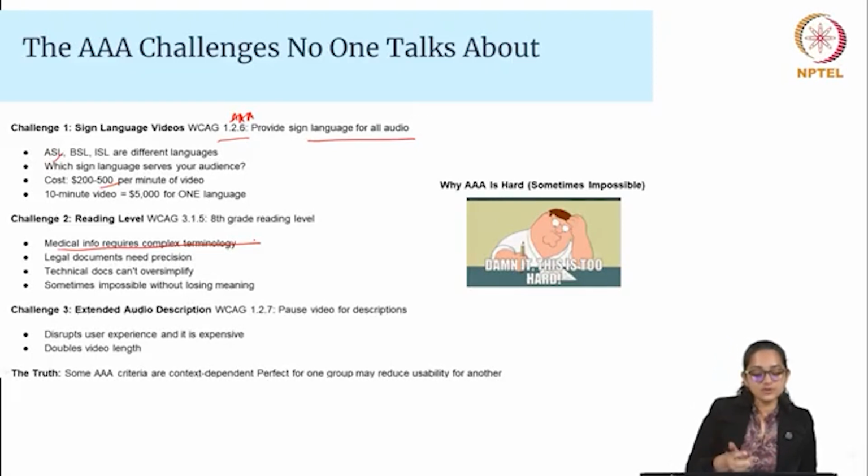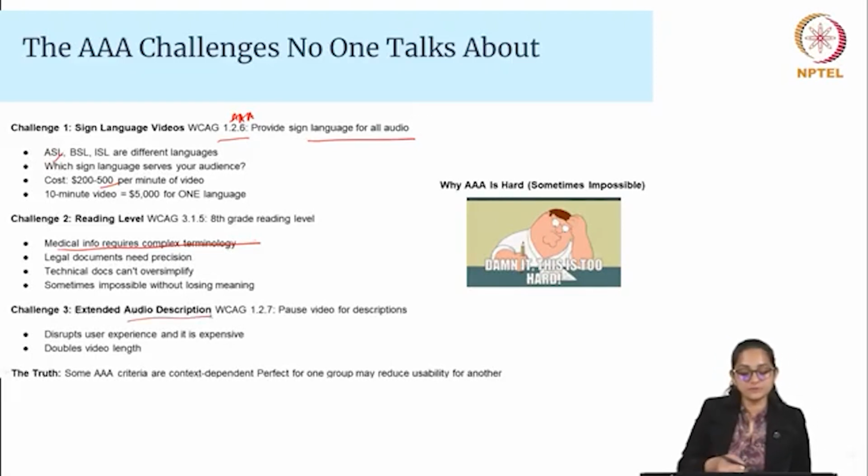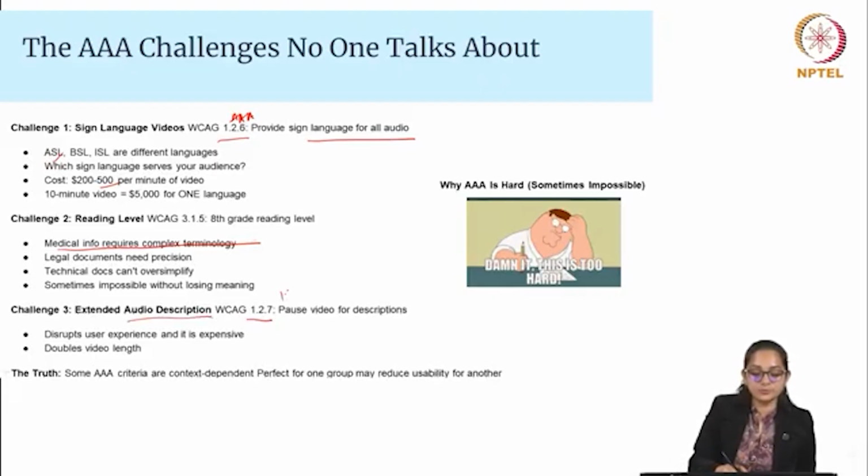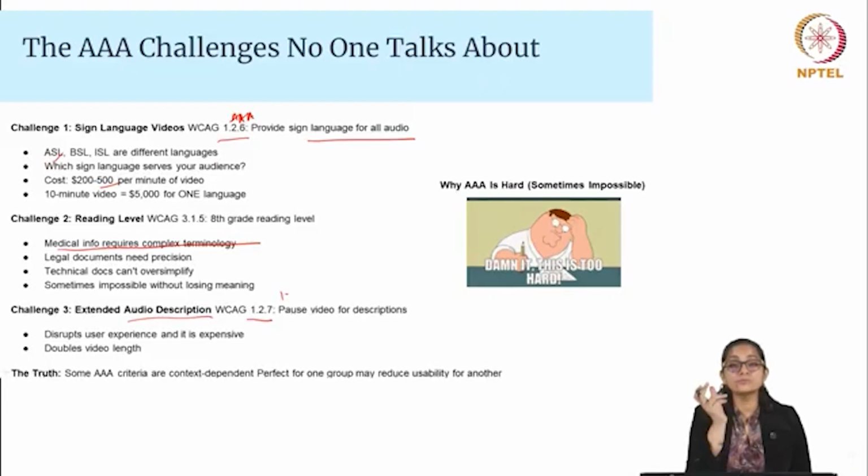The third challenge may be extended audio description, for example WCAG 1.2.7. So pause videos for descriptions. This is something which disrupts user experience, because every time there is some 2-5 seconds of scene, it pauses, an audio description runs, then it starts running again.